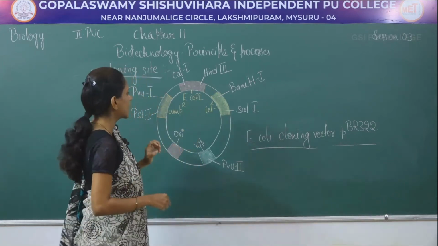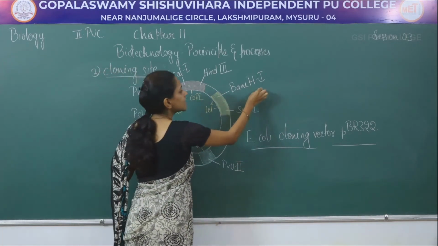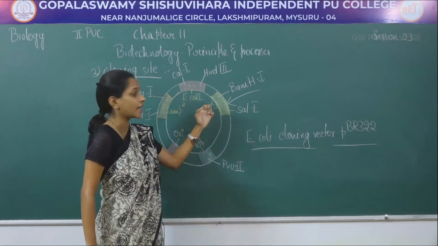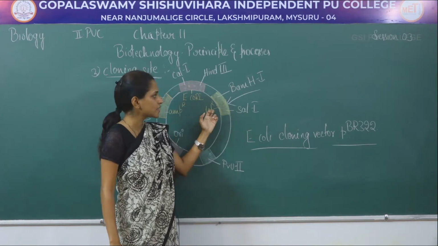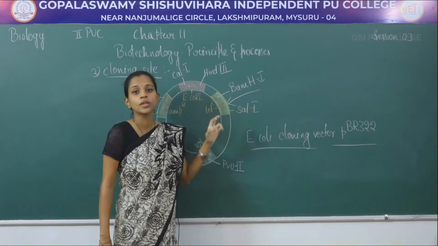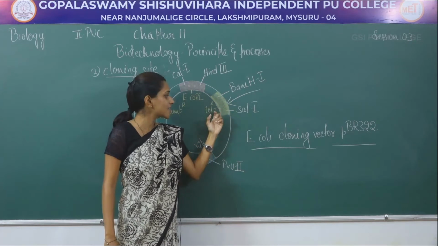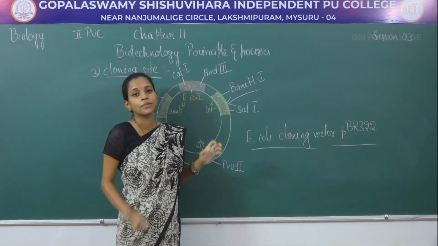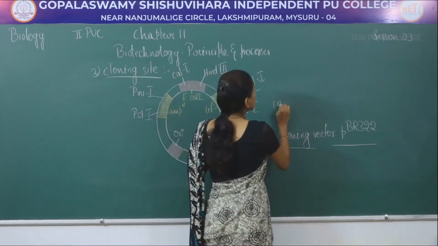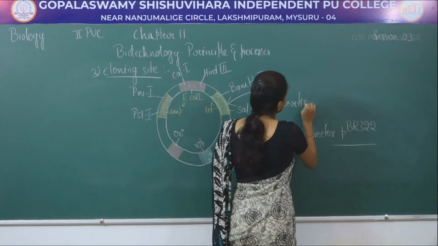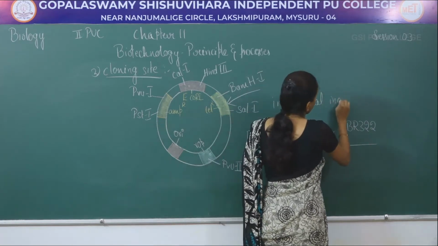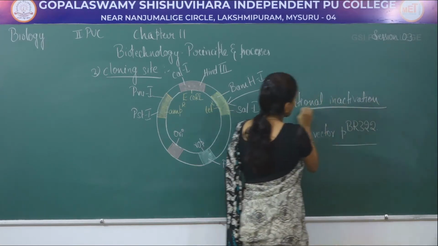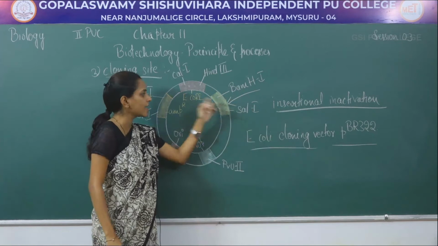Now, here we have to study that if there is a DNA which is inserted in this particular region, that is tetracycline, due to the insertion here, the resistance ability of this cloning vector to tetracycline will be lost, and it is called insertional inactivation. It is termed insertional inactivation.